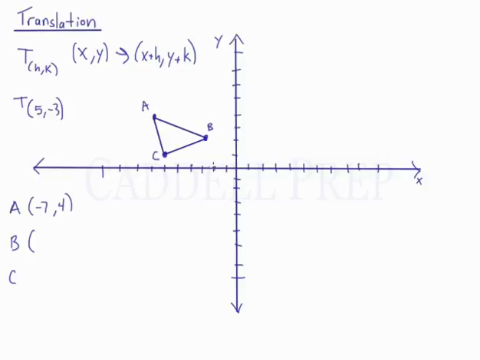B is negative 3, and it goes up to 2. C is 1, 2, 3, 4, 5, 6. Negative 6, 1. So let's figure out what the image of these would be.